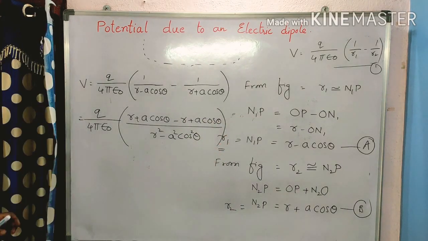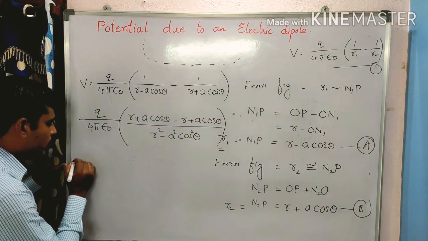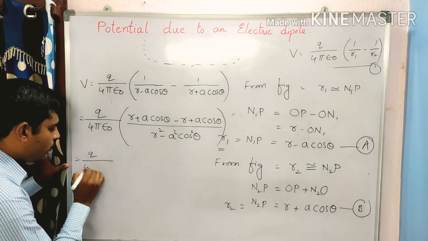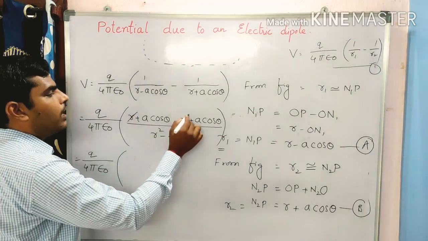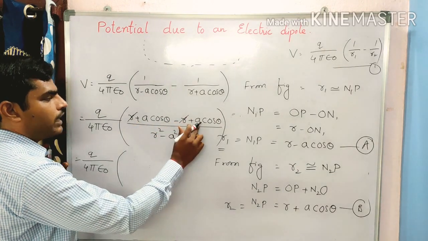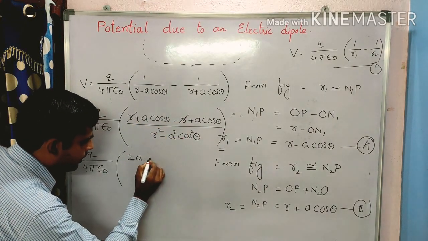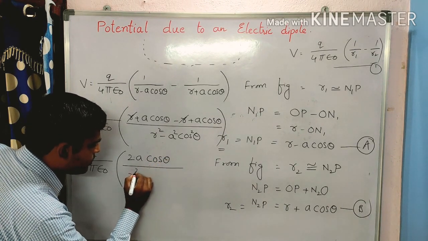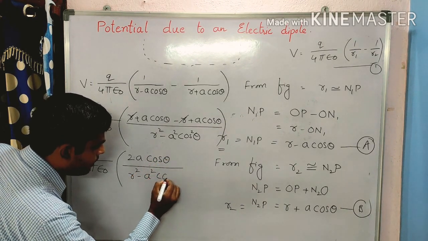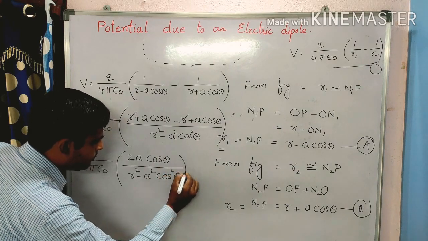So here what happened now, Q by 4 pi epsilon naught, R cancels, A cos theta, that is 2A cos theta by R square minus A square cos square theta.